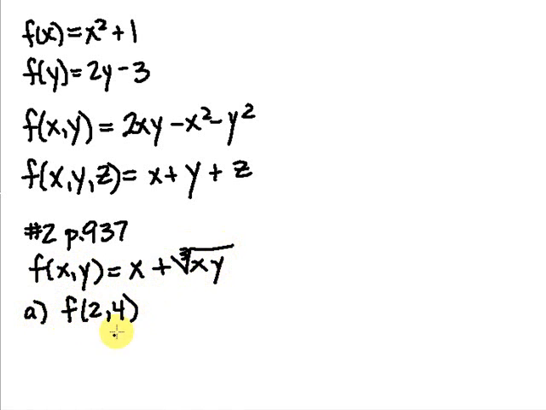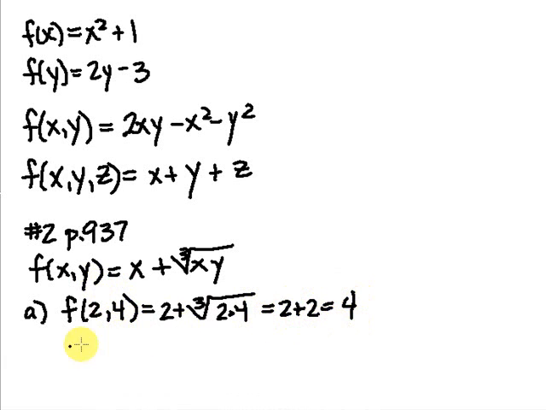Now, just like in an ordered pair, the order matters here. Whatever's in the first coordinate is going to match up with the x in the formula. Whatever's in the second coordinate, in this case 4, will match up with the y in the formula. So plugging in, we're going to have 2 plus the cubed root of 2 times 4. Now 2 times 4 is 8, the cubed root of that is 2, so we're going to have 2 plus 2 equals 4. So notice that the result of this function is a single real value.